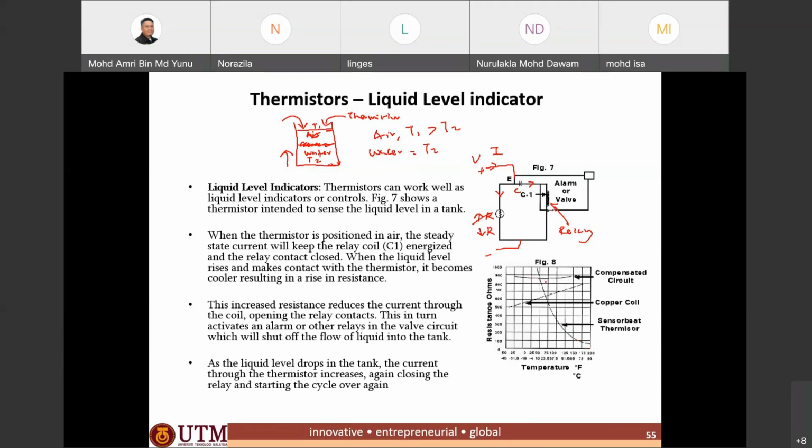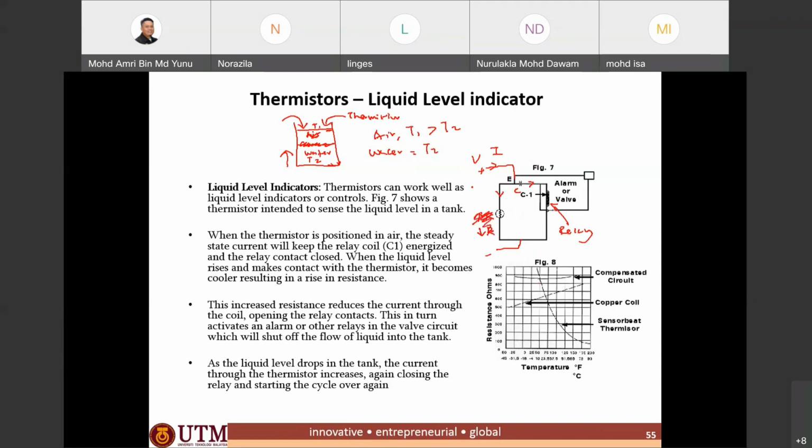It depends on the type of the thermistor. In this case, maybe, I think I have the wrong direction.